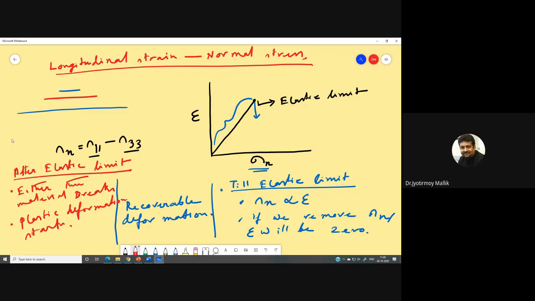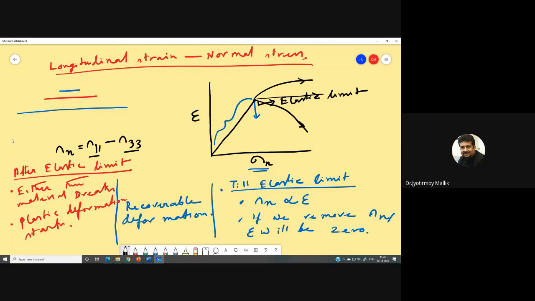So after the elastic limit, either the material breaks, which is called the yield point, or plastic deformation starts. So the stress-strain behavior can progress like this, or like this, or like this. We will discuss plastic deformation later, but it's not exactly relevant for us at this moment. We will keep our discussion limited up to the elastic limit because we are discussing elastic wave propagation.